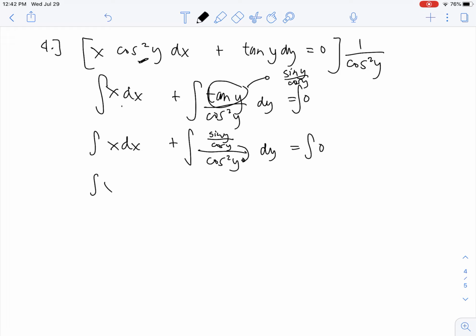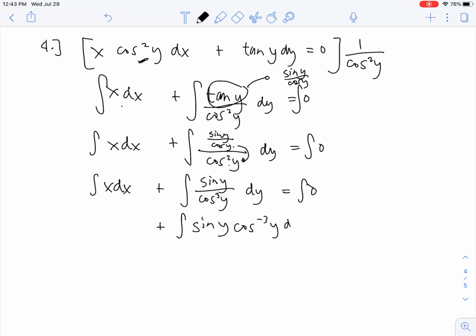May mo ning sin na lang nasa taas, sin y over cosine squared multiplied by cosine is just cosine cube y dy is equals to integral of 0. Okay, so next is pwede na to masaka ang kaning nadala sa ubos, pero ma-negative yung exponent. So inani na. Ito siyang isaka para mas dali masabtan.